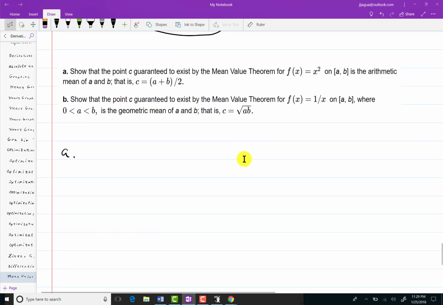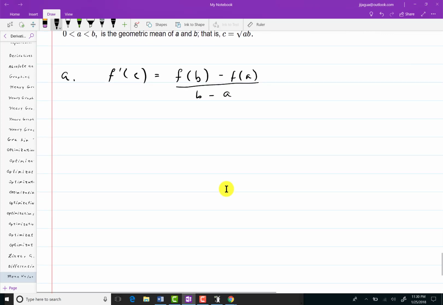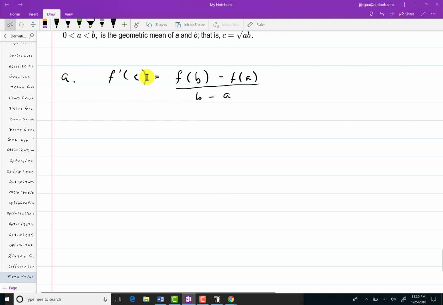Alright, so according to the mean value theorem, we're going to have f prime of c equal to f of b minus f of a all over b minus a. Well, the function was x squared, so f prime of c is 2c, f of b is b squared, f of a is a squared, over b minus a.